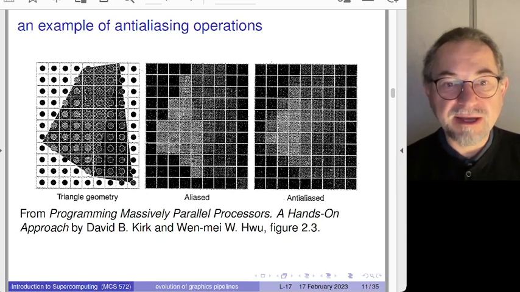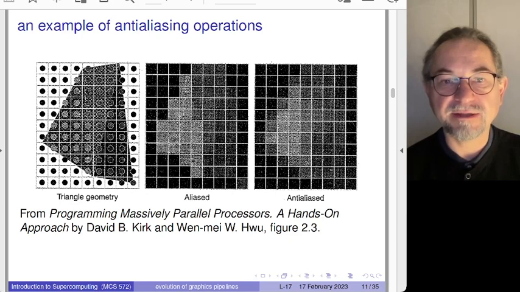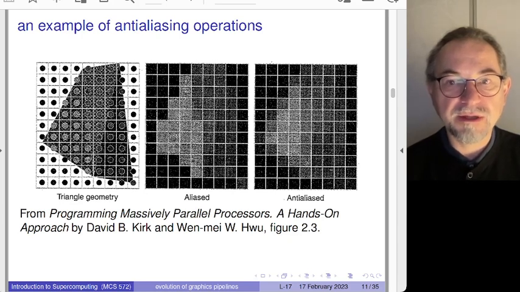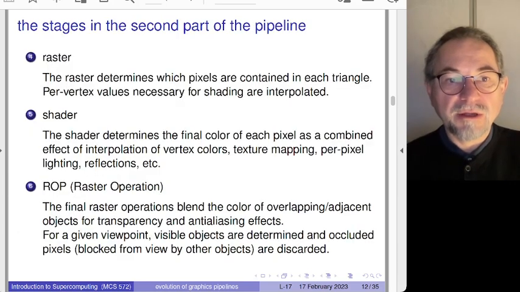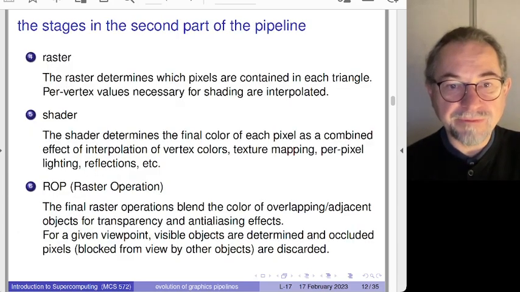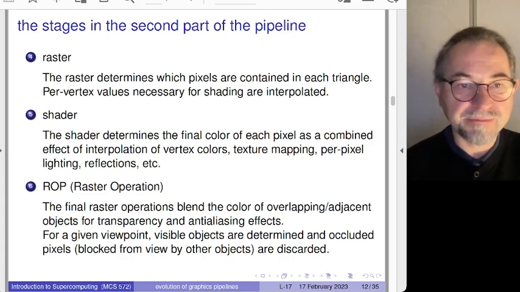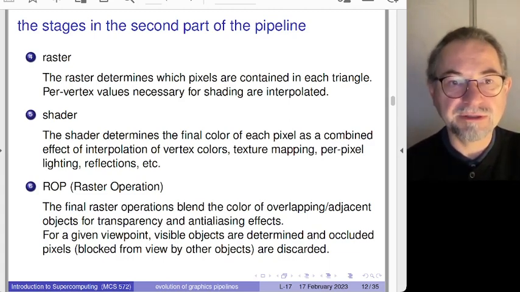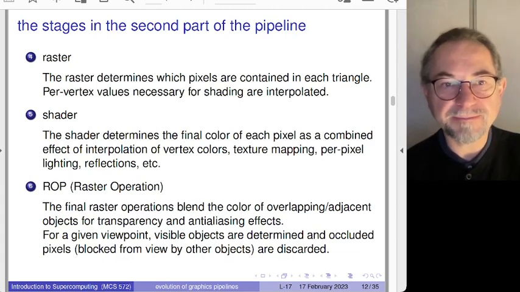One has the aliased in the middle, and then there is the anti-aliasing. So I copied and pasted this picture from the second chapter from the handbook that we're following in this part of the course. So this kind of provides context. So this picture provides context for the operations in the second part of the pipeline.